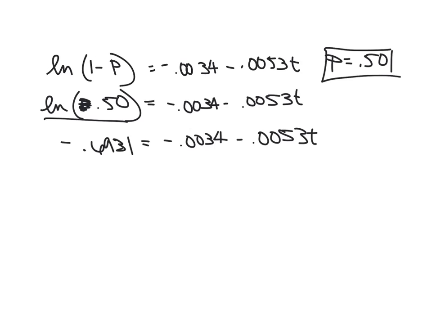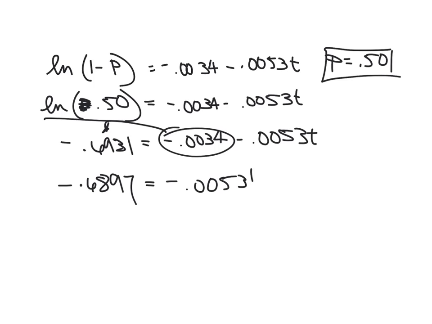Okay, I'm going to add this to both sides, and that's going to give me negative 0.6897 with the negative on there, and then we have negative 0.0053 T.